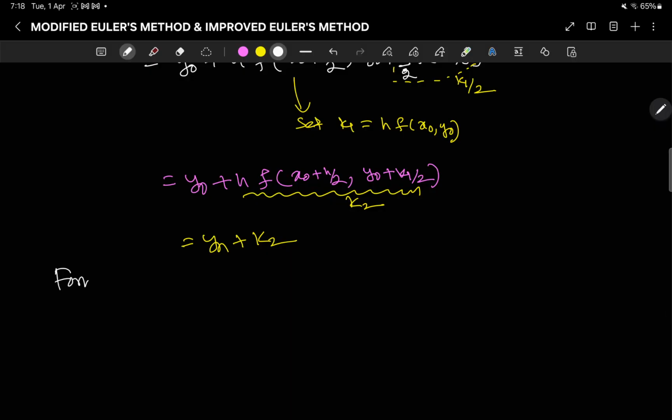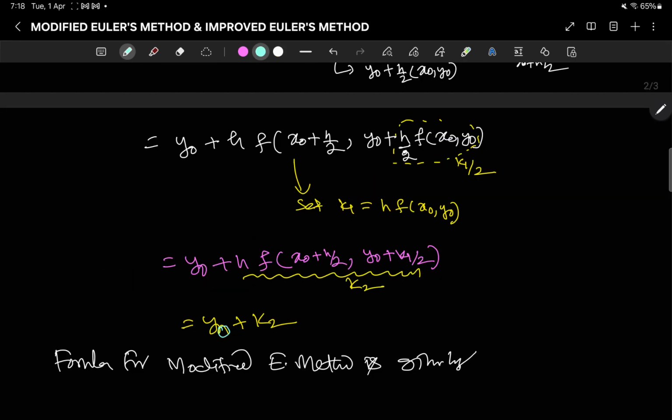Therefore the formula for modified Euler method is given by, you see now it is y0. Subsequently I will extend up to yn plus 1.